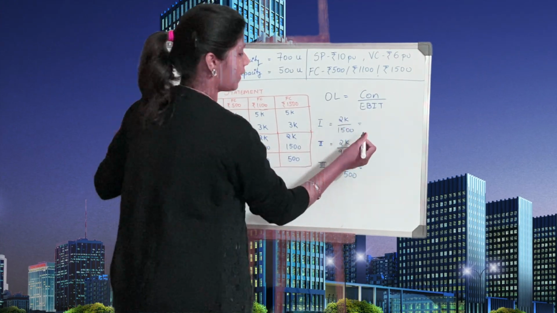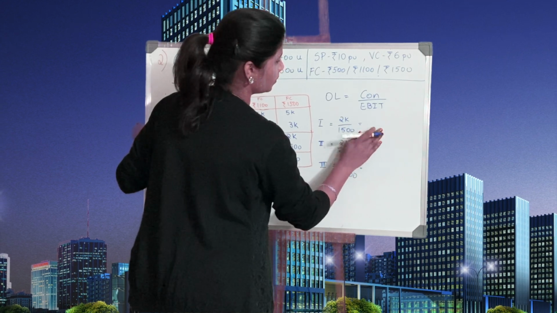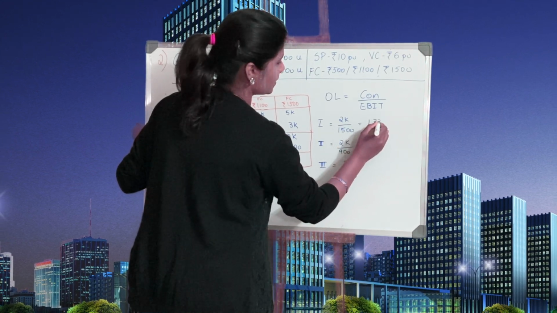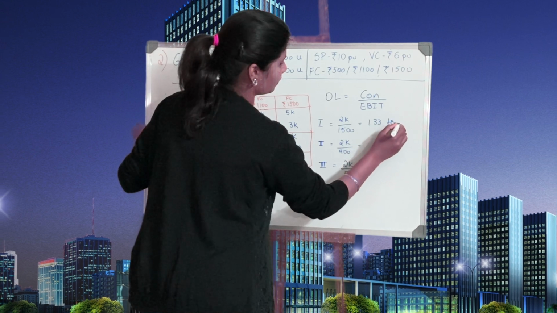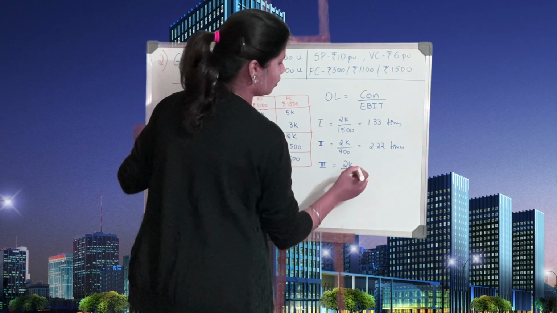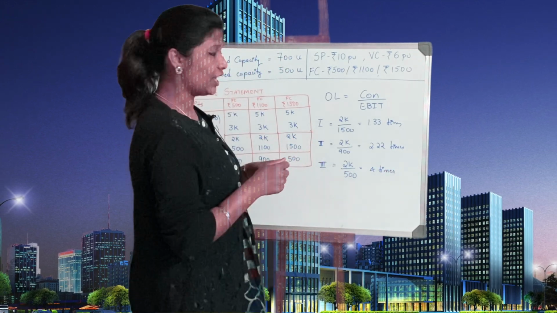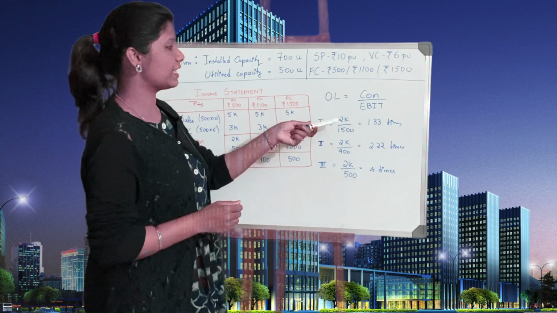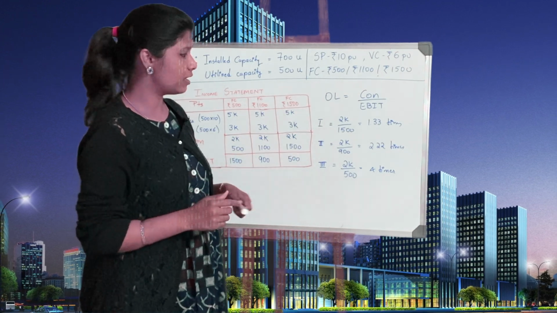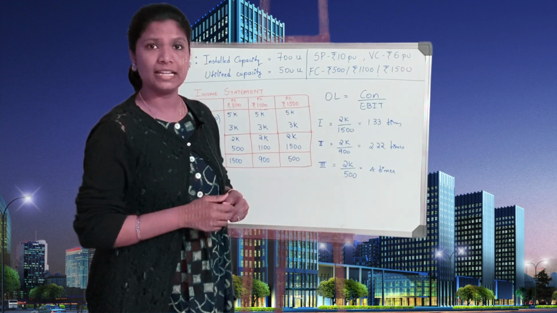So 2000 divided by 1500 is 1.33 times. 2000 divided by 900 is 2.22 times, and 2000 divided by 500 is 4 times. So the operating leverage at each fixed cost level is: first case 1.33 times, second case 2.22 times, and 4 times in the last case.